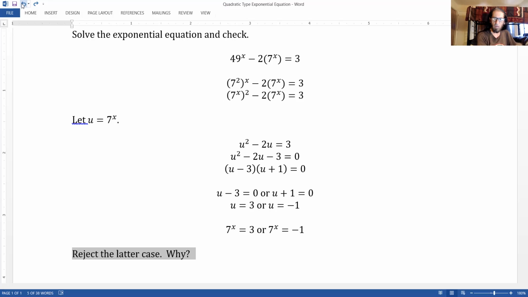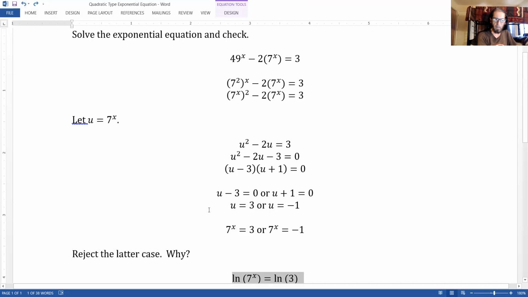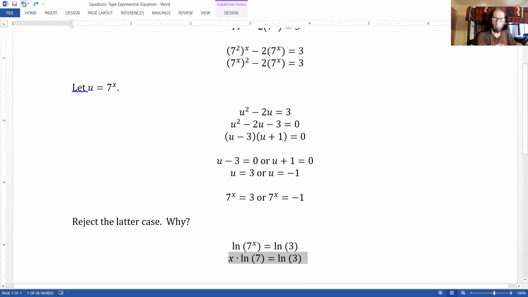So we should only have 7 to the x equals 3. And if we take the natural log of both sides there, then apply the power rule, bringing the x out in front. Whatever natural log of 7 is, it's just a number. So x times some number. To get x alone, you would divide both sides by that number, natural log of 7.